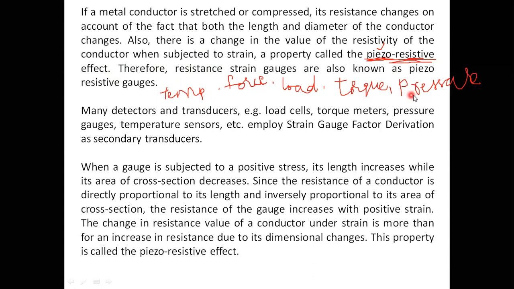And for pressure also, there are many other instruments to measure pressure like diaphragms, capsules, Bourdon tubes, bellows, etc. Diaphragms are also used as a main element in electronic transducers to measure very, very high pressures also.